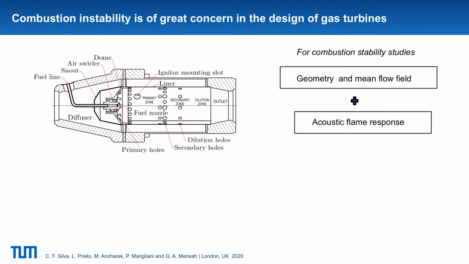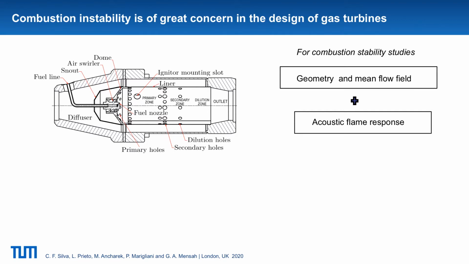Combustion stability is of great concern during the design of gas turbines, and it would be desirable to know beforehand, from early stages of design, whether the combustion chamber is prone to be unstable or not. But this is pretty hard because we need quite a good amount of data.